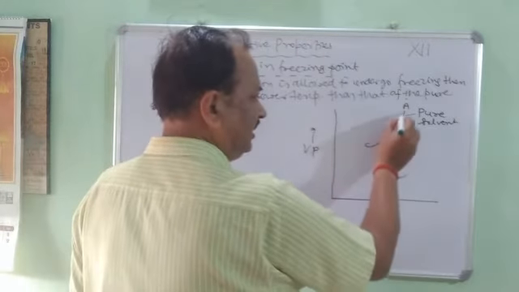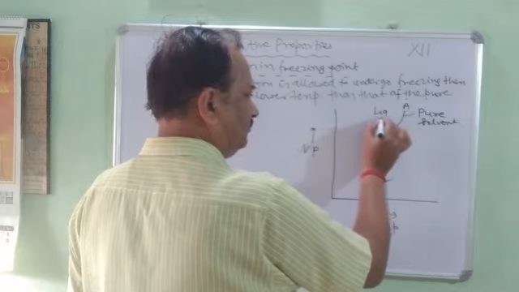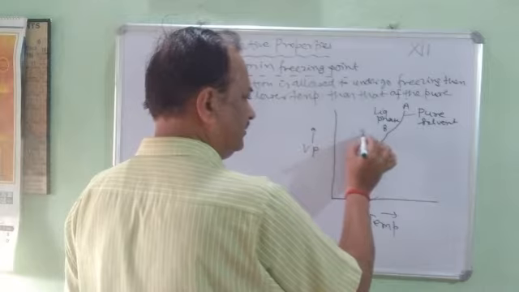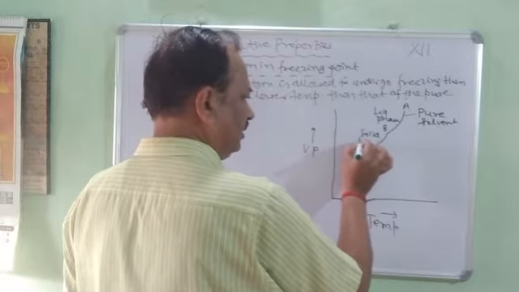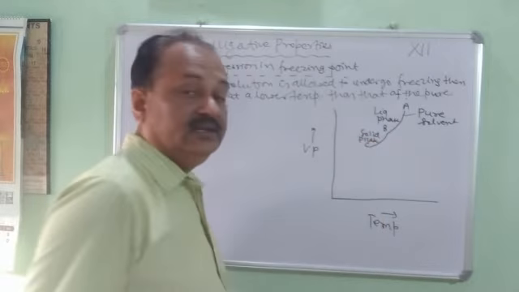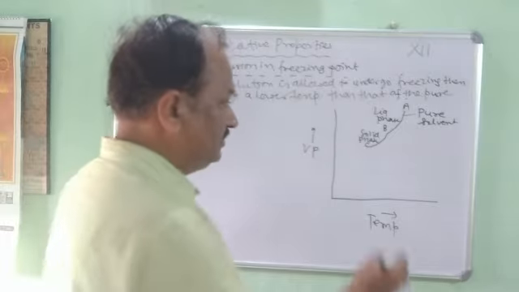So A to B indicates the liquid phase. B to C indicates the solid phase, and this B is the freezing point of the pure solvent.